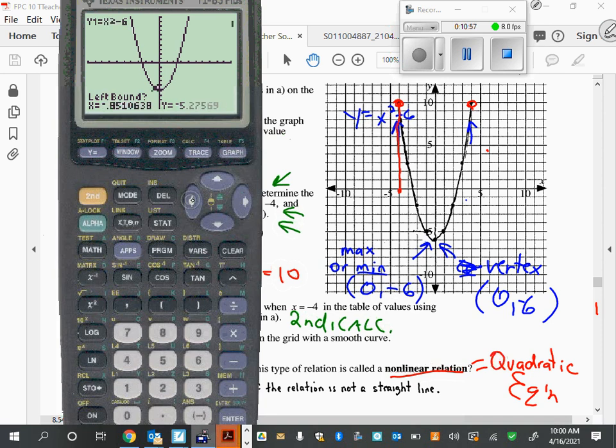So anywhere to the left, when you're done that, you press enter. And then you move to the right of the vertex, anywhere, press enter. Then you can see your calculator is evaluating a low point between these two arrows right here. And all you have to do is press enter again.